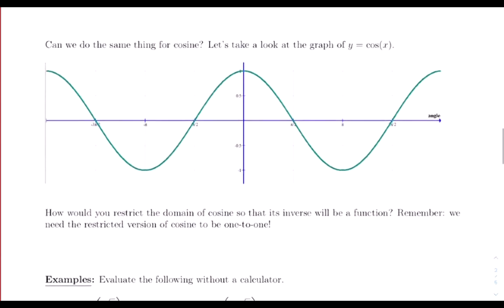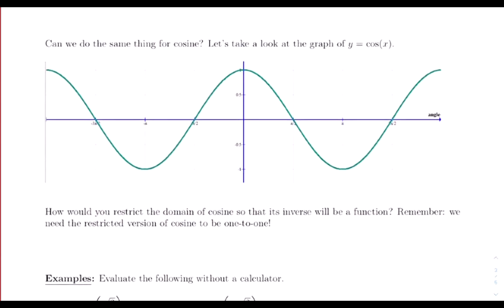We can do a similar thing with cosine. Again, we need to pass the horizontal line test and get all of the stuff that we need. So this would do it. You may think, okay, let's do the same thing we did for sine and restrict to quadrants 4 and 1.